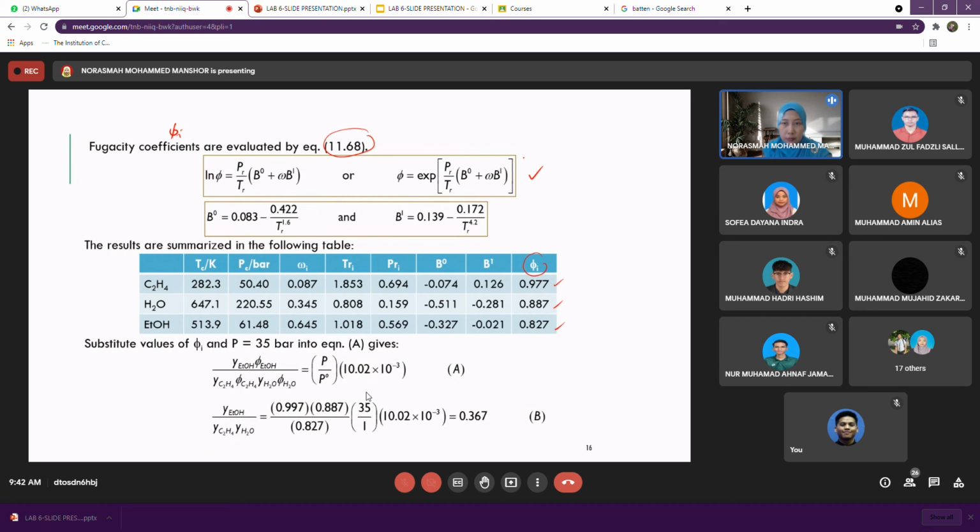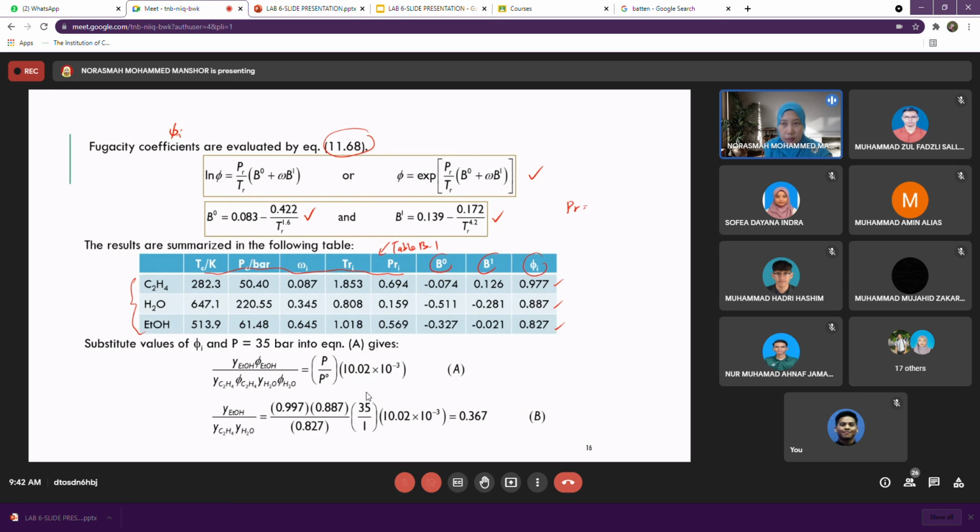Okay, ingat lagi guna equation ni, you kena ada table B1 untuk cari TC, PC, omega dengan PR, TR. Ini table B1 untuk each species ni. Okay, and then B0, B1 equation ni.